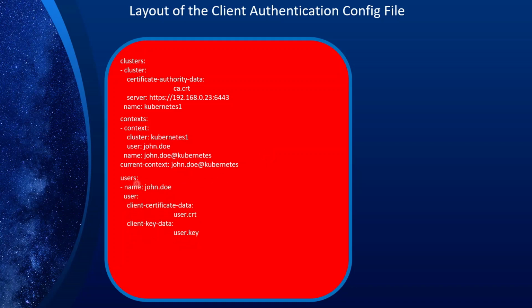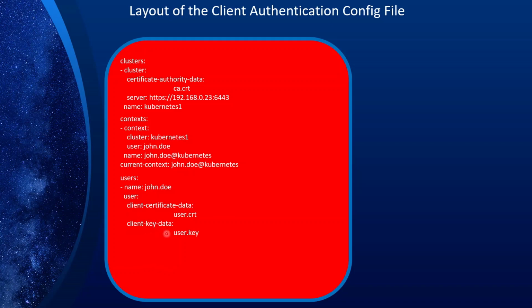And then the next section would be users, and then dash name. So this is the name you specified up here. That would refer to this section here, which has the user section, and under that, client certificate data. And this would be the user certificate that we generated in the previous section. The whole thing would be copied here.